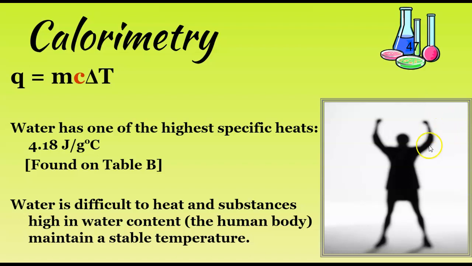Water is difficult to heat, and substances high in water content, like the human body, maintain a stable temperature because it takes so much heat to increase it that our bodies have a stable temperature most of the time.